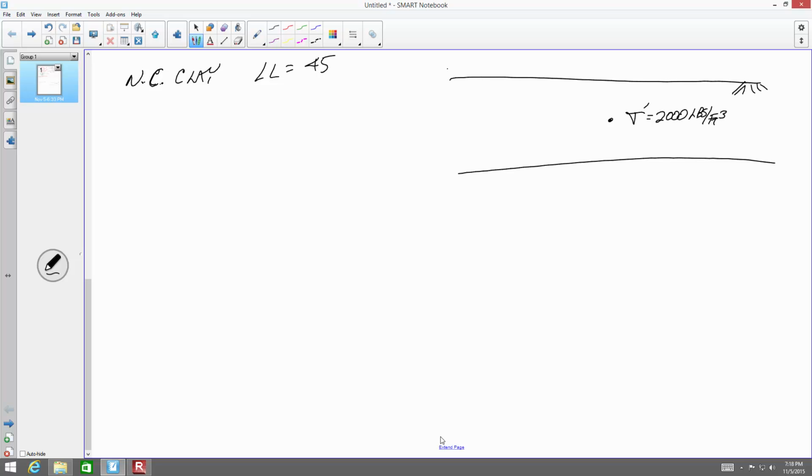Real simple equation. You guys saw it on the cheat sheet? Anybody recall? And here again, this is the kind of thing you'll be able to get onto your screen that's got your reference manual in it, that's PDF searchable, and you'll be able to type in compression index, and it'll spit it out. C sub C, 0.009 times liquid limit minus 10.